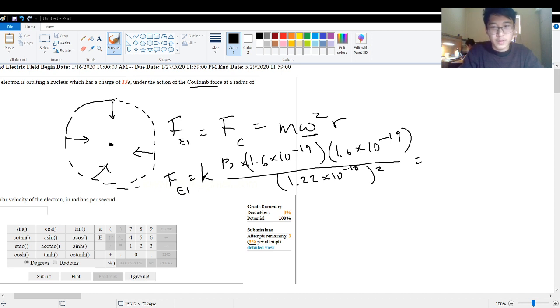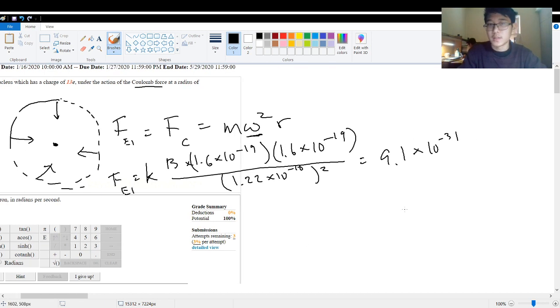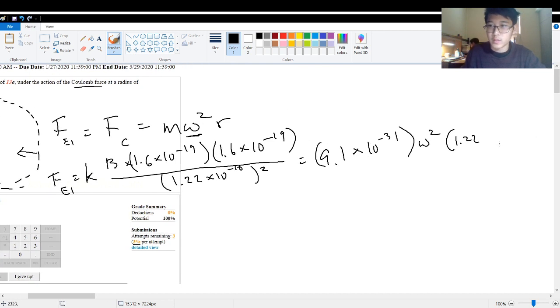That's the mass of an electron. Times omega squared, again, just what we're looking for, times the radius. The radius we're already given is 1.22 times 10 to the negative 10.